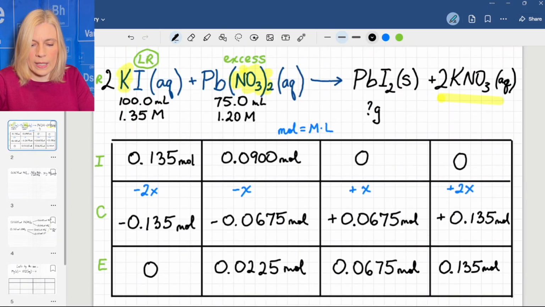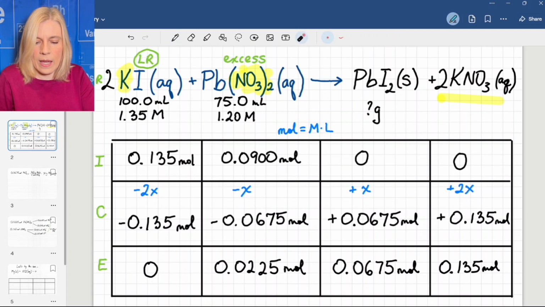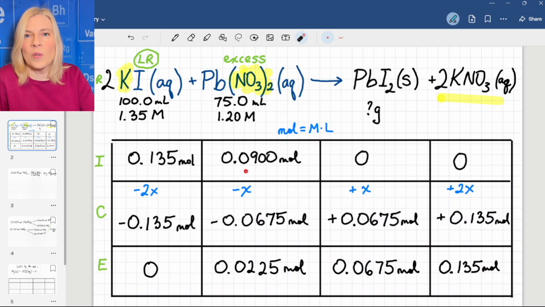Let's go back here. Look at this. I have this many moles of lead II nitrate. And for every 1 mole of my compound, I have 2 moles of nitrate, right? How many moles of nitrate did I have at the beginning? Take this number, multiply by 2, 0.180 moles.